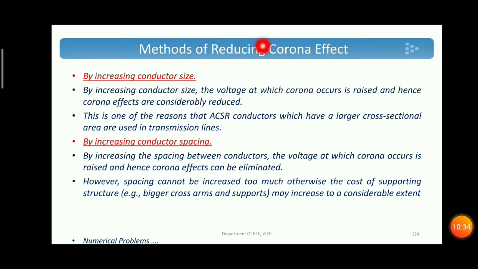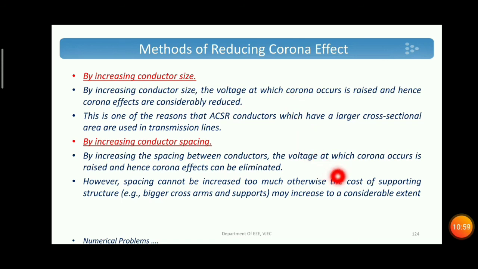Then how can we reduce the corona? By increasing the conductor size, the voltage at which corona occurs can be raised. That is the reason ACSR conductors with larger cross-sectional area are used in normal transmission lines. And we can also reduce the corona effect by increasing the conductor spacing.